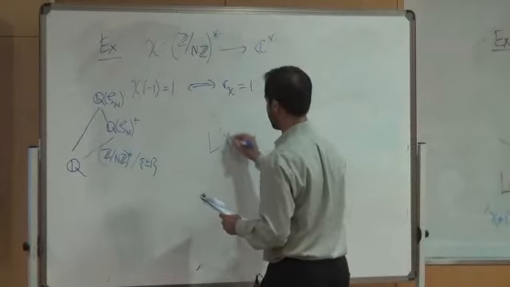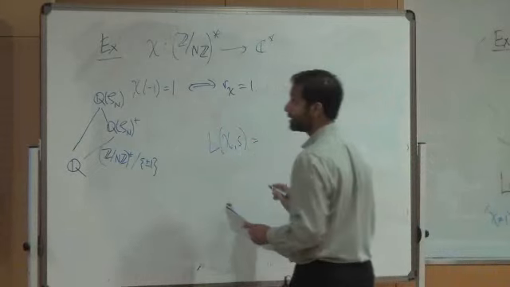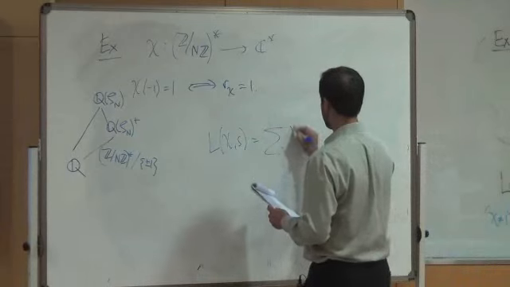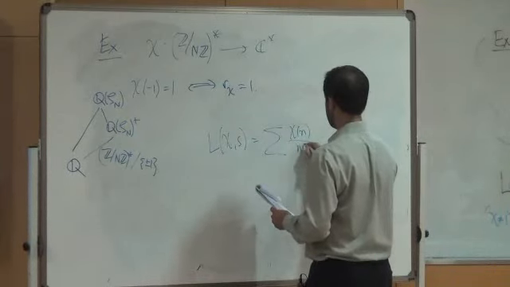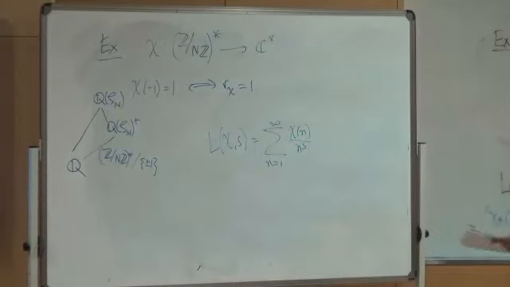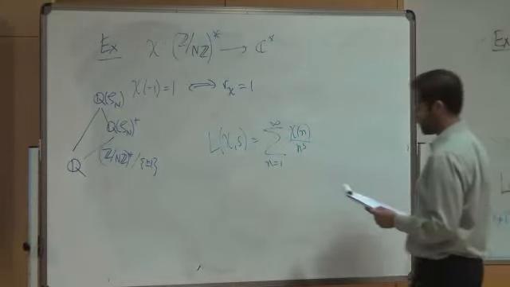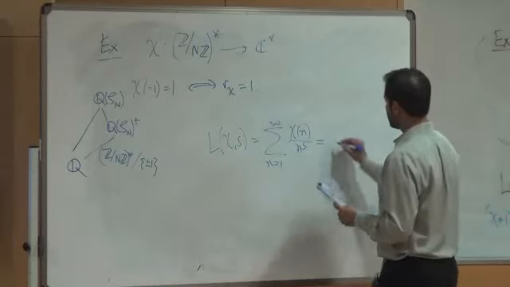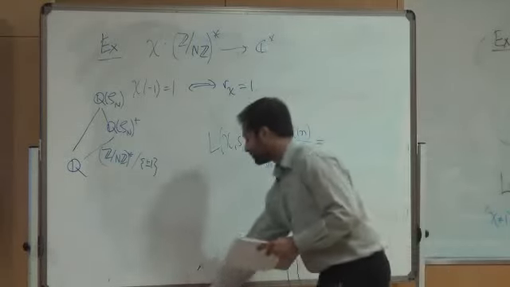So what is L of chi s? That is the sum of chi of n over n to the s as n goes from 1 to infinity, as long as we define chi of a to be 0 if a is not relatively prime to n. So this can be written in terms of the Hurwitz zeta function.